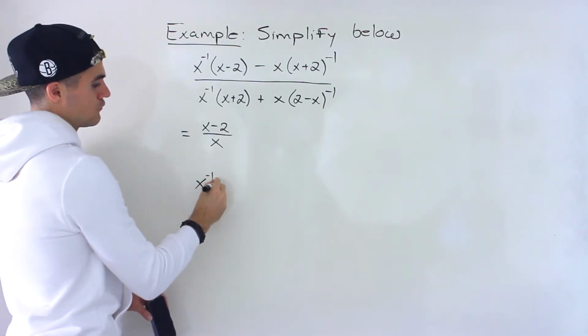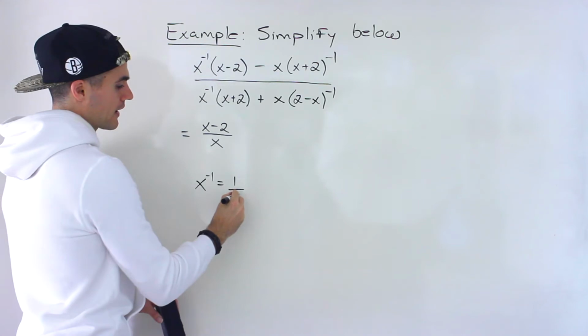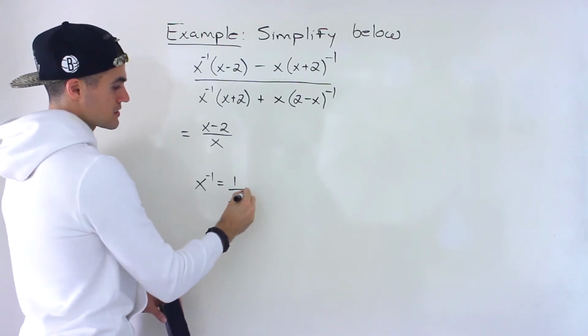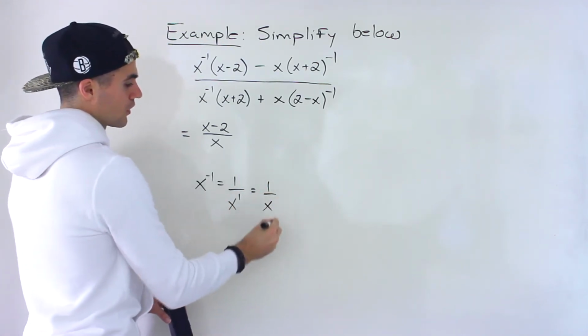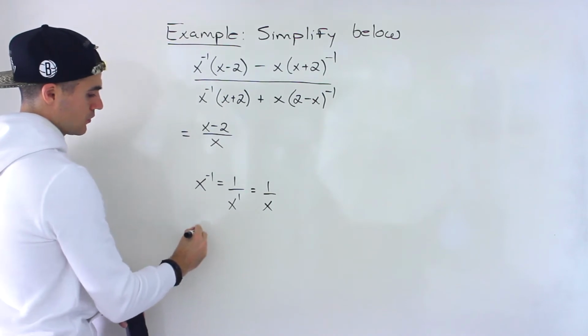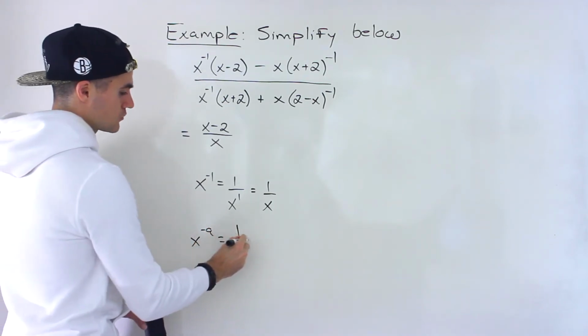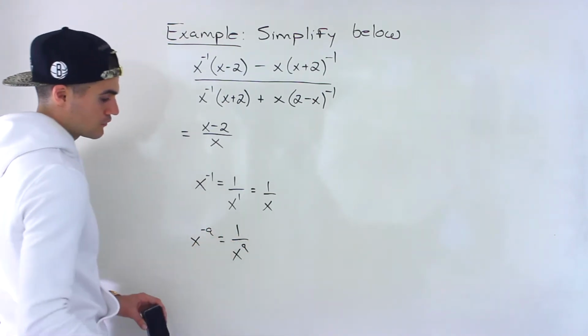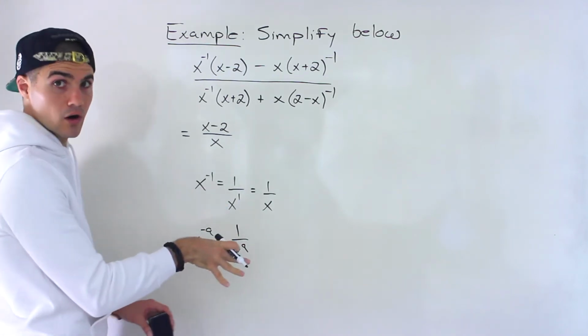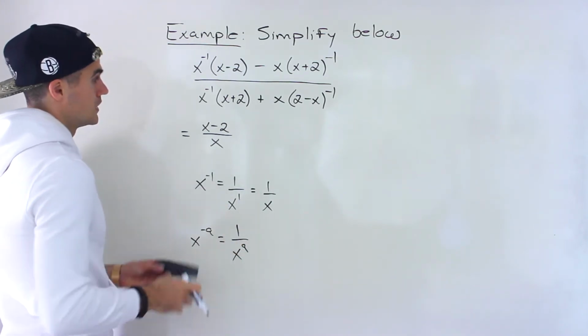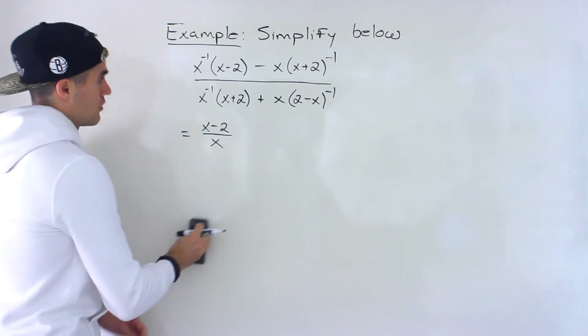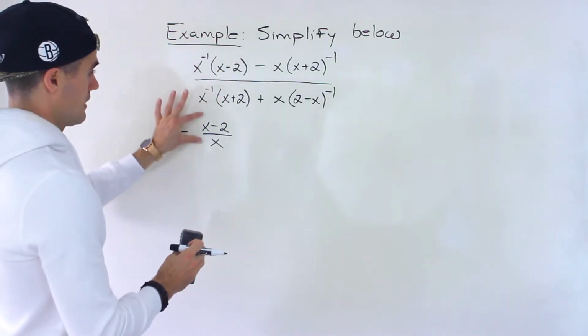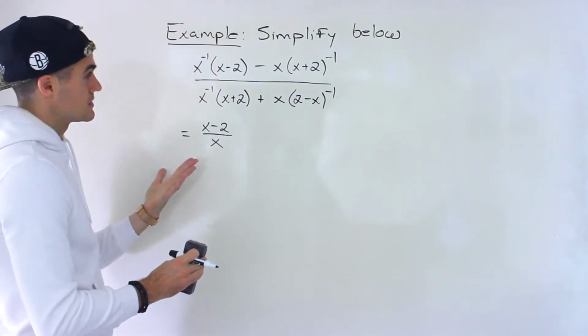Because x to the negative 1 is like 1 over x to the positive 1, which is just 1 over x. Just in general, if you have x to the negative a, that's equal to 1 over x to the power of positive a. So that's what we are using here. So this and this are the exact same thing.